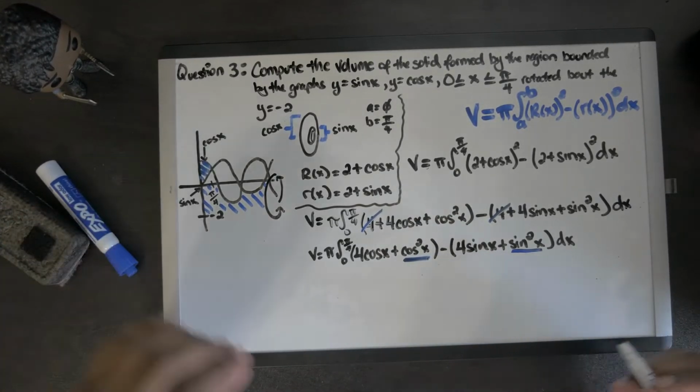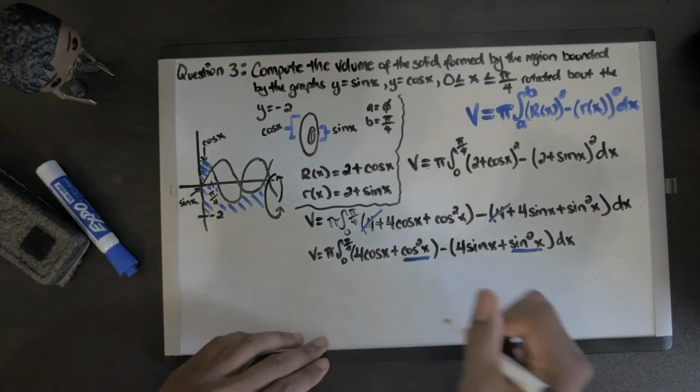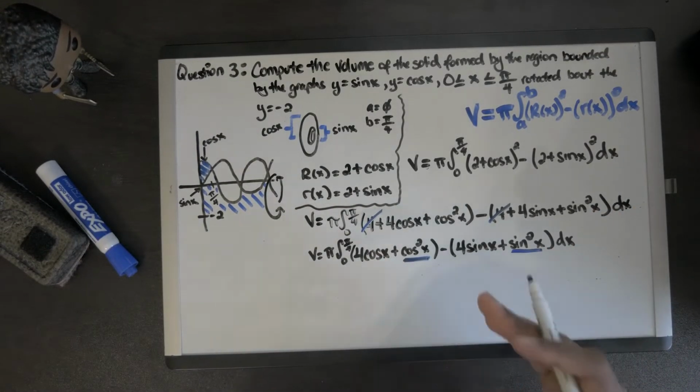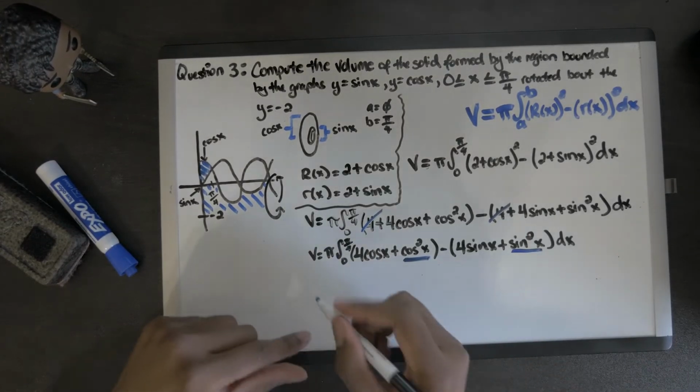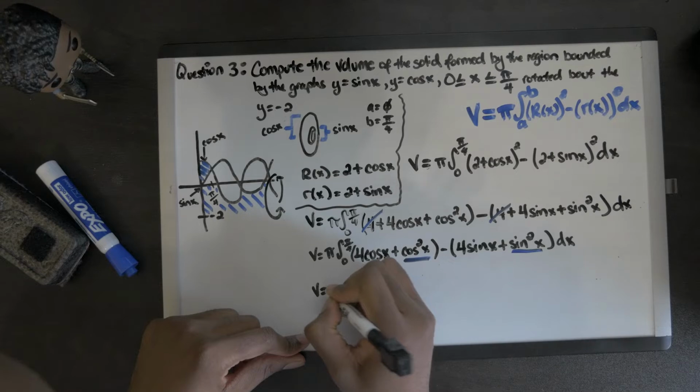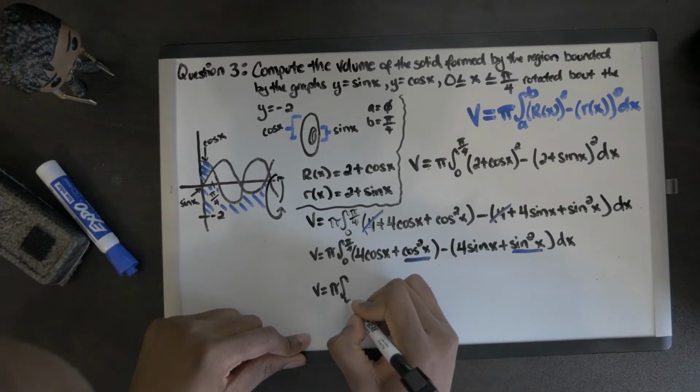Cosine squared x minus sine squared x is the same as just saying cosine 2x. So we can rewrite this even further and simplify it.